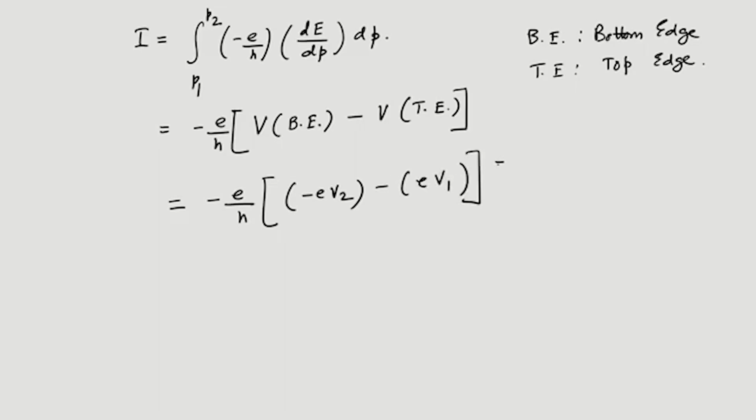So this gives you e squared over h. The e will come out, and this is equal to V2 minus V1. Okay. So this is the total current, which is proportional to V2 minus V1. So if I want to calculate the Hall resistivity, which I write as V2 minus V1 by I, this is of course h over e squared.